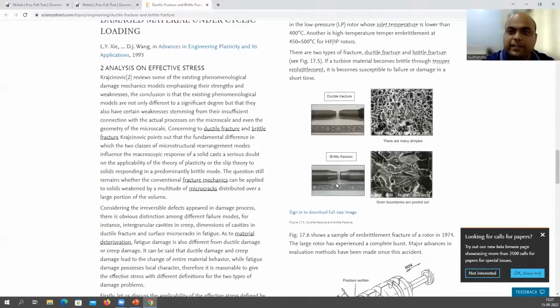Whereas brittle failure will be like a cleavage or a flat surface. Here also you can see dimples, and these are your river patterns, but I'm going to come to that later. So this is what I wanted to show in terms of ductile fracture and brittle fracture.